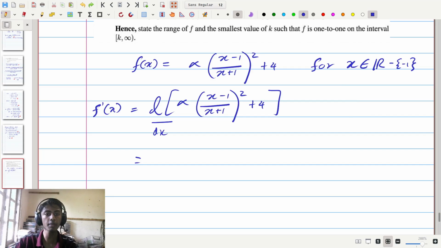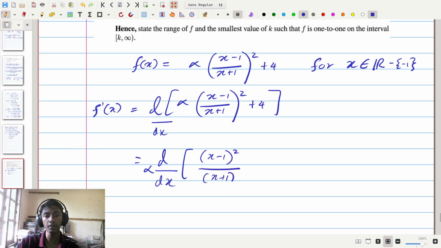Now if we consider the other part, the derivative of this can be found by using the quotient rule. If we take the alpha out as a constant, we have alpha times the derivative of the bit on the inside, which I'm going to write as (x minus 1) squared divided by (x plus 1) squared. In order to find the derivative here, we need to use the quotient rule.